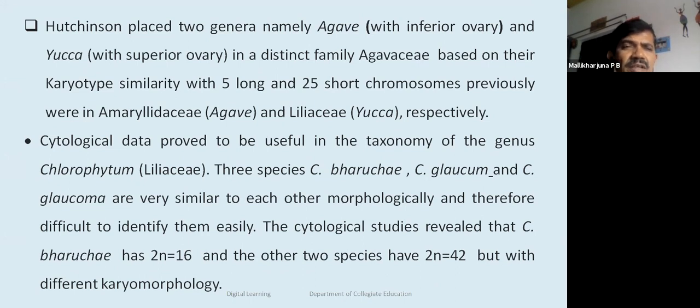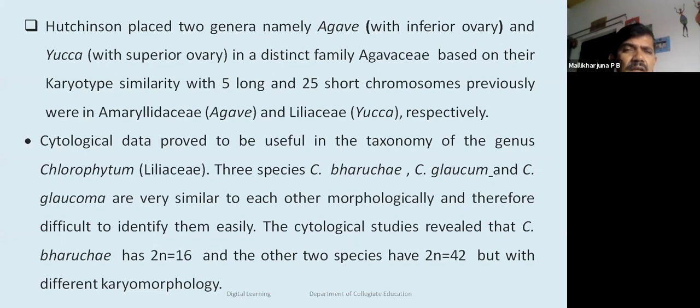First and foremost is Hutchinson. Hutchinson solved two important genera, Agave and Yucca. Both are monocots. Agave with an inferior ovary and Yucca with a superior ovary were previously kept in Amaryllidaceae and Liliaceae respectively.